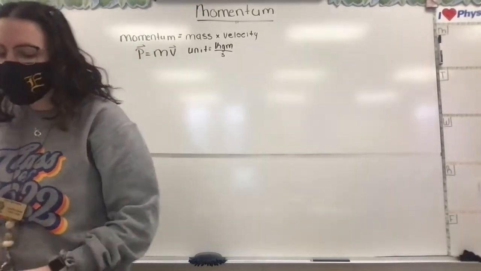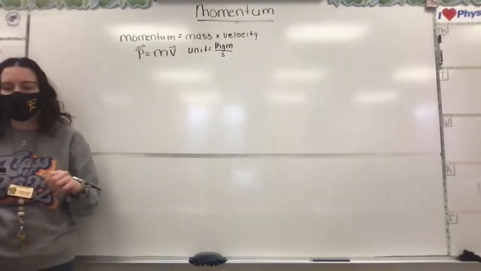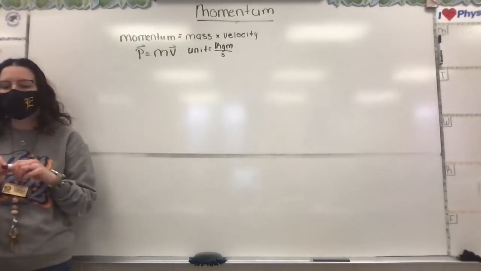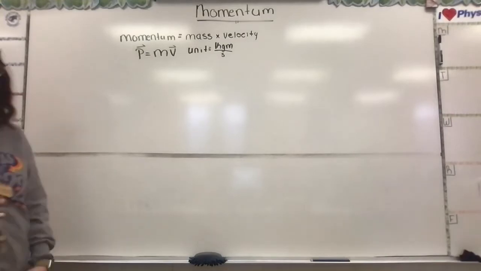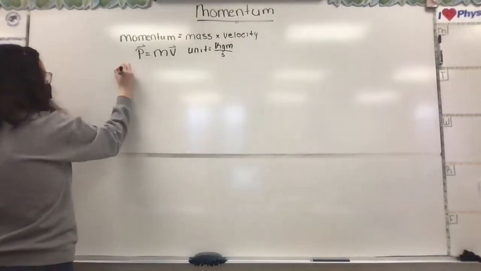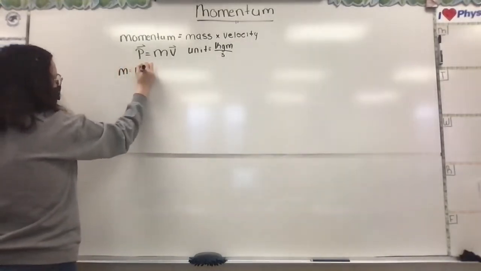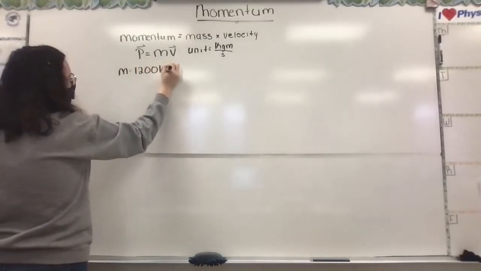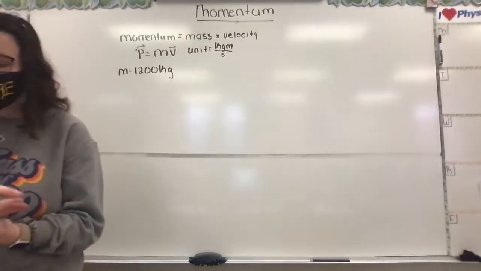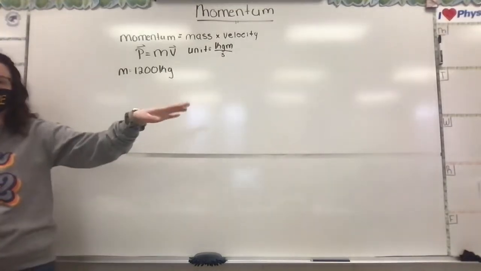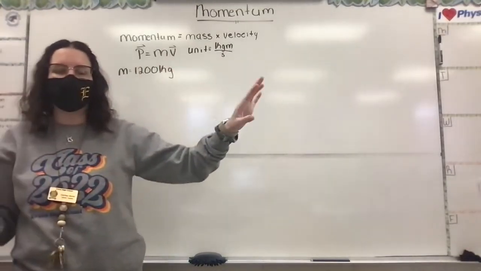All right. So, for an example, we have a 1,200 kilogram car. What variable would 1,200 kilograms be? Mass, okay. And it's getting driven through town, driving east at 15 meters per second.